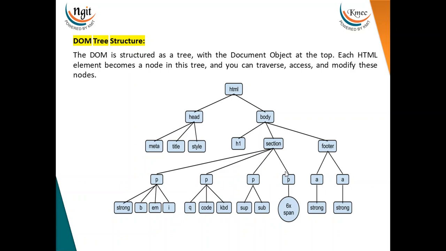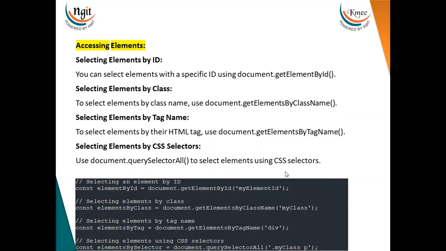and a body tag. Okay, so for accessing the elements, you can make use of selecting elements by ID, selecting elements by class, selecting elements by tag name, and selecting elements by CSS selectors. Here is an example which will show you how to select elements in these four ways.